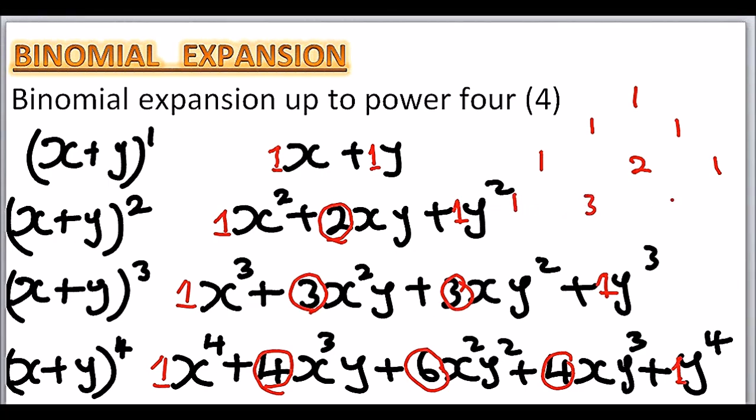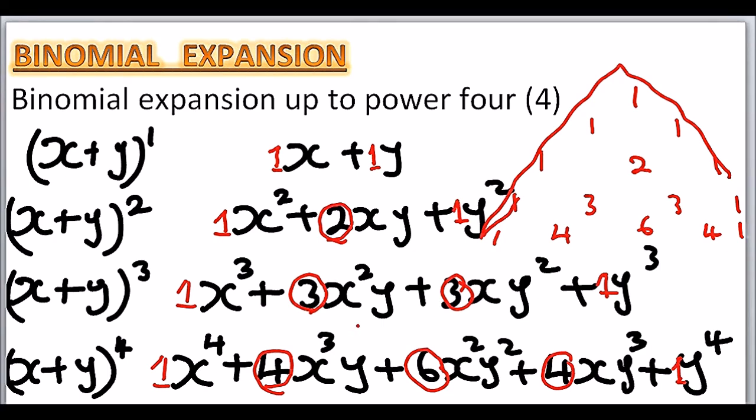We have 3, we have 3, we have 1. Then we have 1, 4, 6, 4, and the last we have 1. So they form a triangle. These are the coefficients of our terms in our expansion.